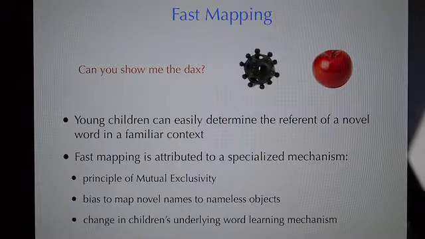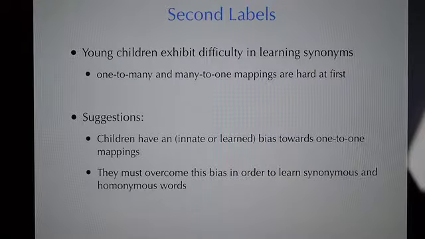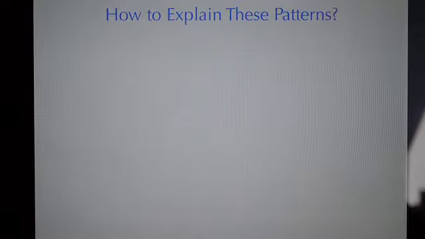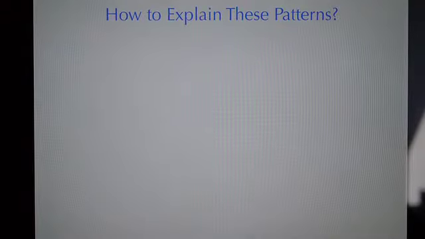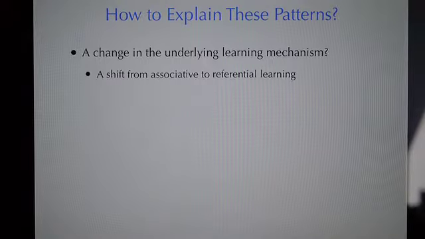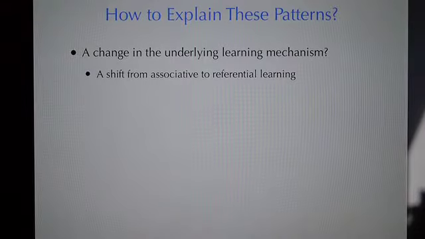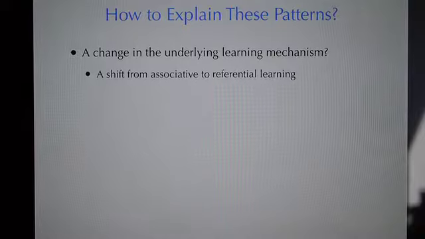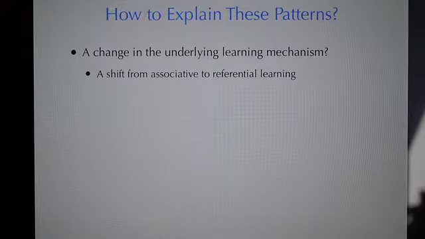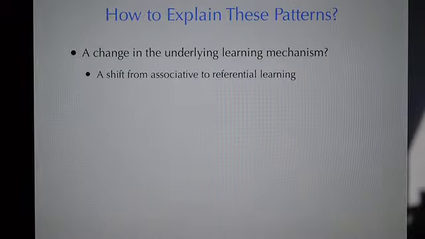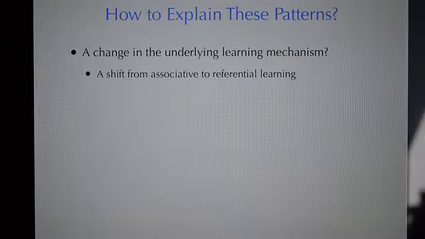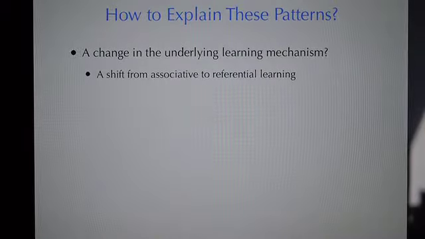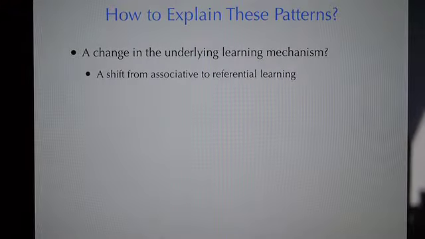So I have put some extra information about each of these patterns that you can go and look at. But the whole idea is that your model has to explain these patterns. So how can you explain that the learning rate is slow and then it suddenly speeds up? How can you explain that they don't want to learn synonyms at first, but then they eventually start learning them? One solution to this challenge has been that maybe children start simple.